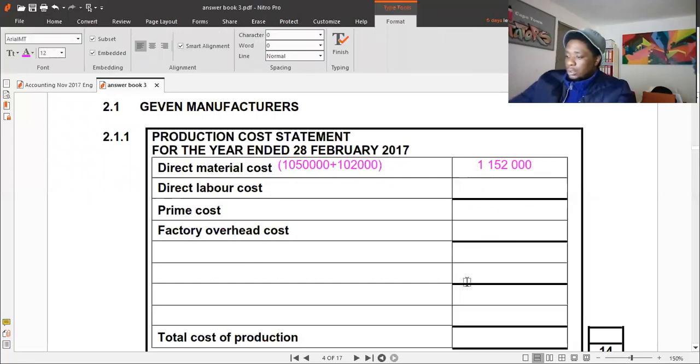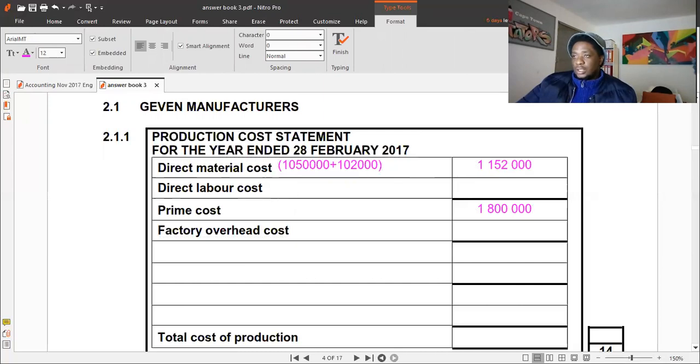and put the 1,800,000. The direct labor cost will be the difference between the direct material cost and prime cost, because in order to get to prime cost, you would add the direct material cost and the direct labor cost.